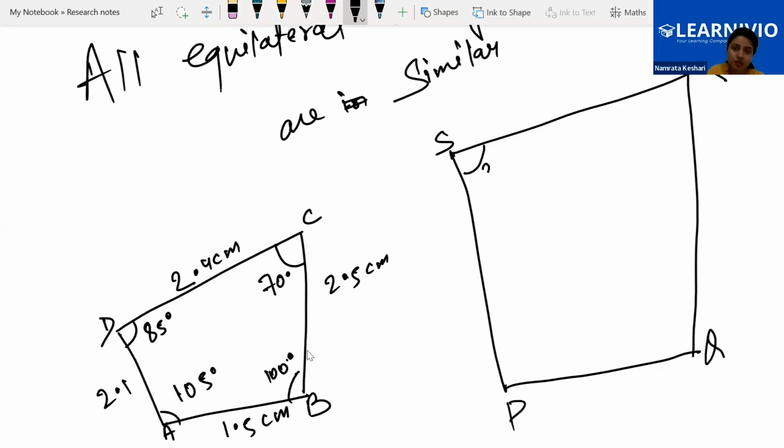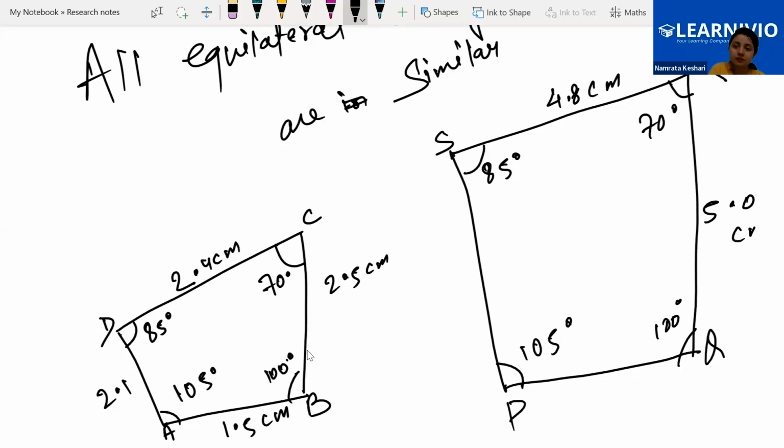This is 85 degree, 70 degree, 105, 100, 4.8 centimeter, 5 centimeter. You have to check which two sides are in proportion with each other.